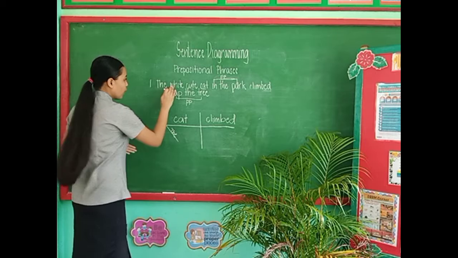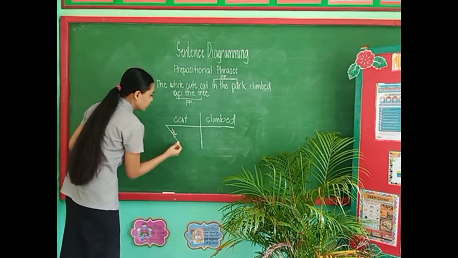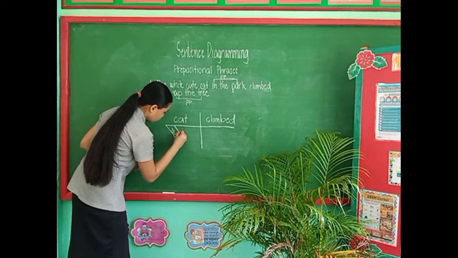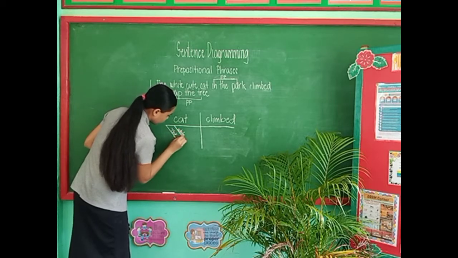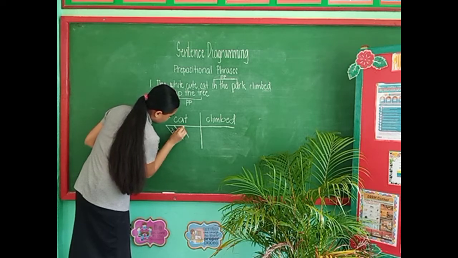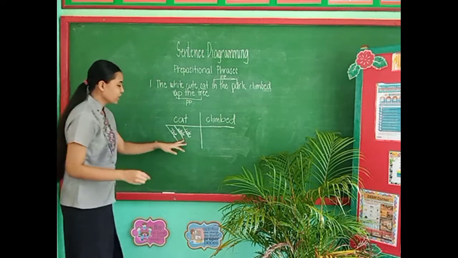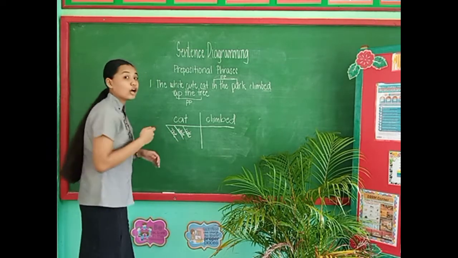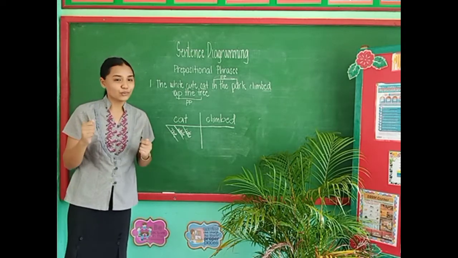Ma'am, how about white cute? The words white and cute will be placed underneath the cat. So white, and next is the word cute. White and cute serve as adjectives that modify what the cat looks like. The cat looks white and the cat is cute.